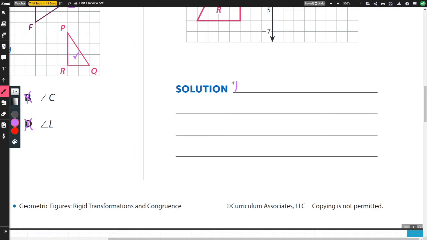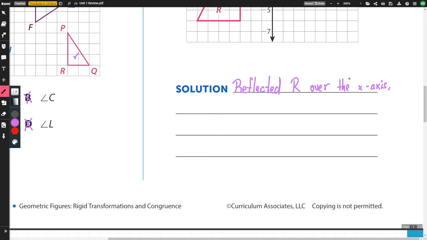So I reflected, if I could spell right, reflected R over the x-axis. You always, when you're rotating and reflecting, you want to put where you're reflecting or rotating from.